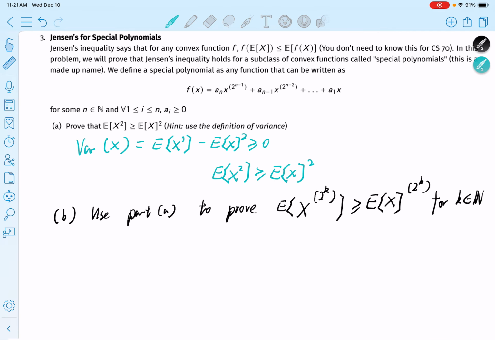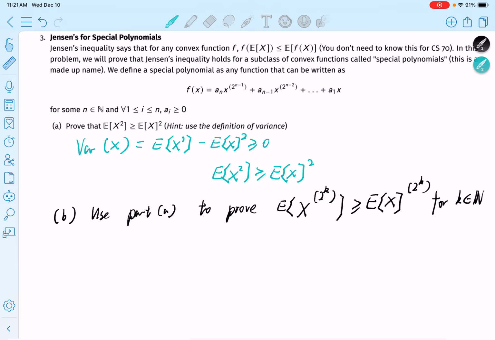And then part B. Use part A to prove the expectation of x to the 2k is greater than or equal to the expectation of x to the power 2 to the k, for k a natural number. So for this question, this one is really hard. It takes me a long time to think of a clean proof.